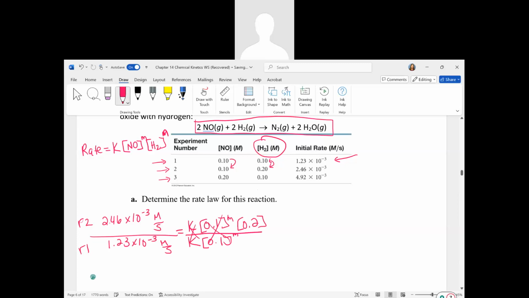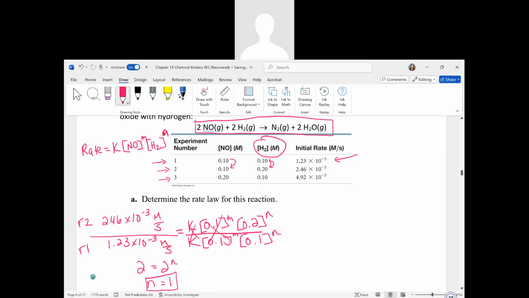And then we see that we have our concentration over here for our H2 gas. So if we were to simplify this equation here, we would see that 2 would equal 2 raised to the n power. And we would see that the only exponent that would satisfy this equation and give a true statement would be if n was equal to 1. So this is a first order relationship.